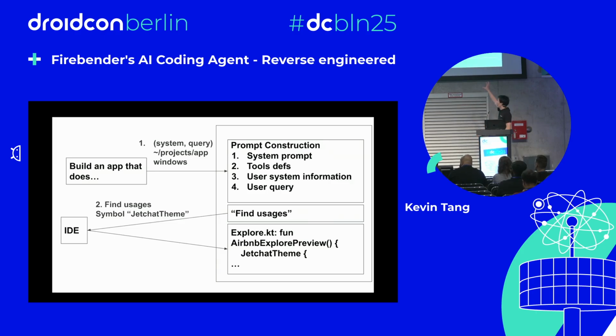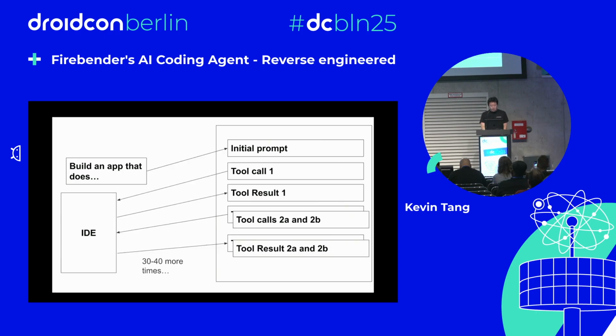Over here on the right, you can see this string getting created. At the top, again, you have the prompt construction, then you have find usages, then the tool result follows after that. And so you have many, many iterations. This can go on for 30 or 40 more times.